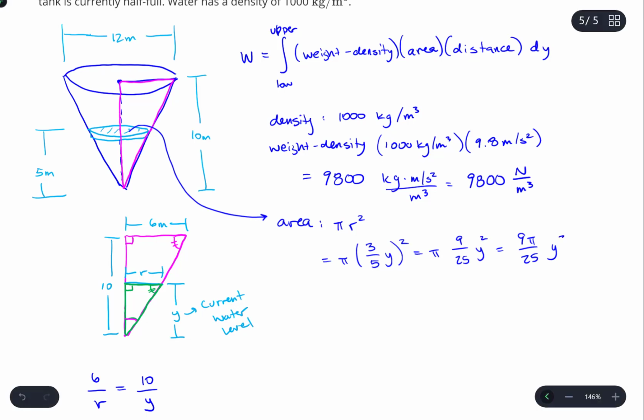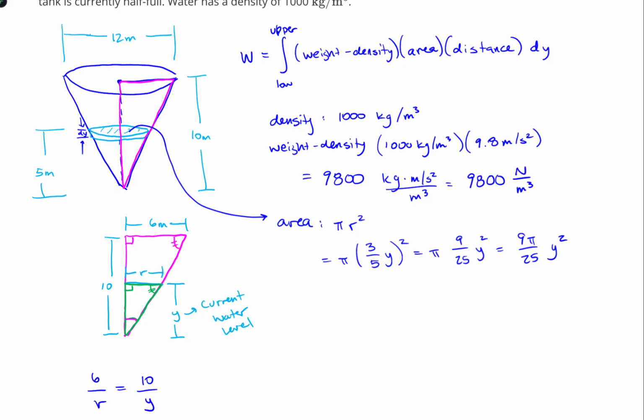And I forgot to square my y. Sorry about that. There we go. Okay, so that's the area of this disk. Now keep in mind, ultimately it's volume that I'm interested in, but the width of this disk is dy, and so that's multiplied over here. So area times dy is volume. Okay.